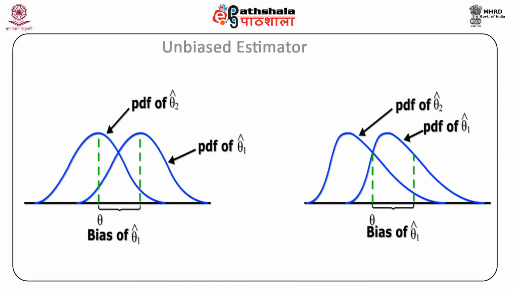This implies that the definition applies to both symmetric and skewed distributions. In the figure, the left side of the diagram shows a symmetric distribution, whereas the right side shows a skewed distribution. In both diagrams, the expected value is equal to the true value of the population parameter. Thus, unbiasedness is applicable in the case of both symmetric and skewed distributions.